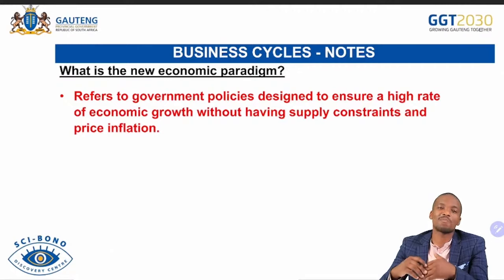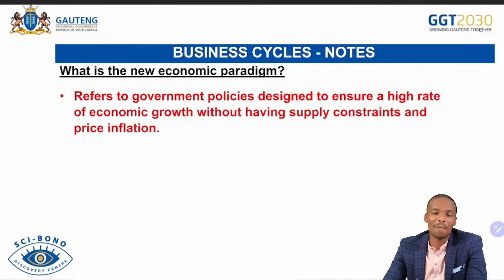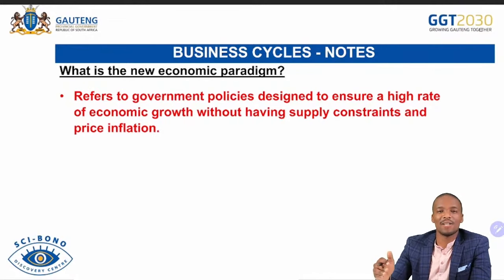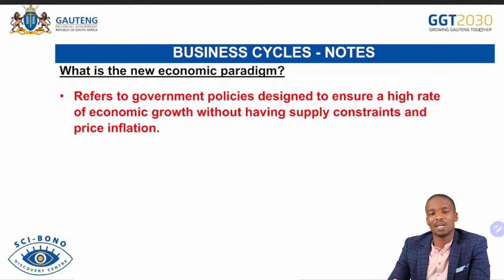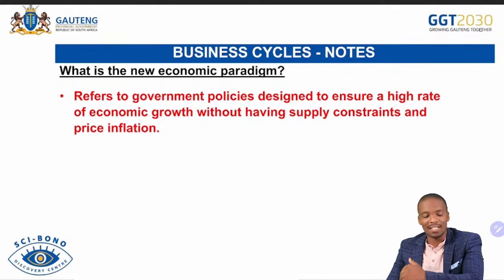If we are in the expansionary phase, we can also apply the monetary policy and the fiscal policy by increasing taxation and reducing government spending so that we can control demand.